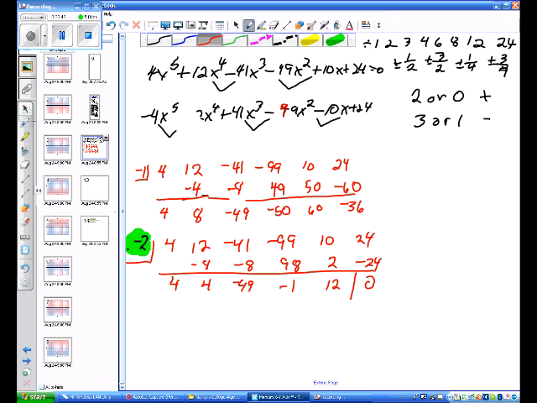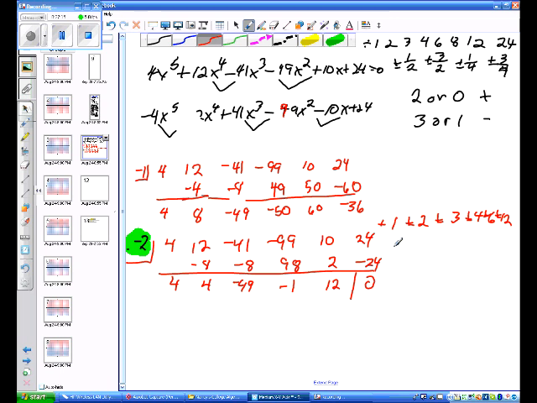So let me just write these numbers that we're going to try. It would be 1, 2, 3, 4, 6, and 12, and it would be the plus, because we've already eliminated the negative, then plus or minus.